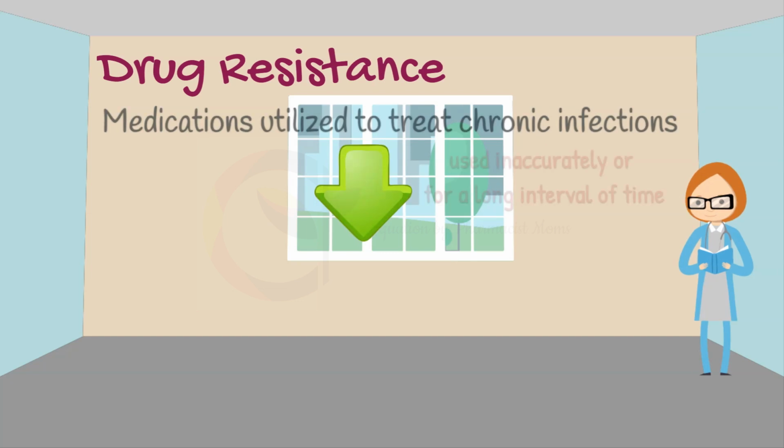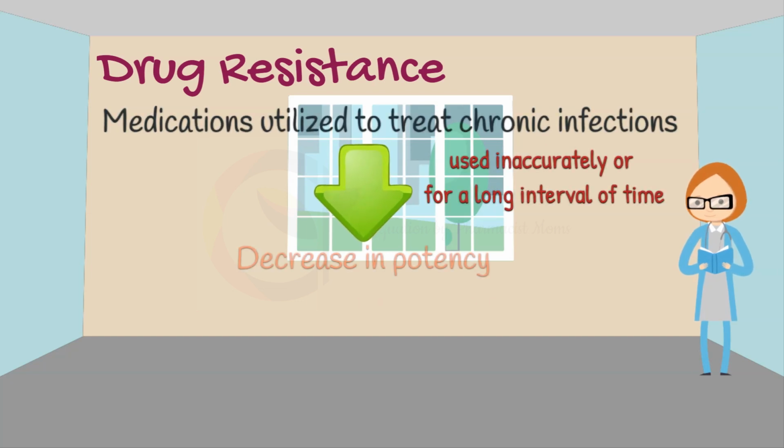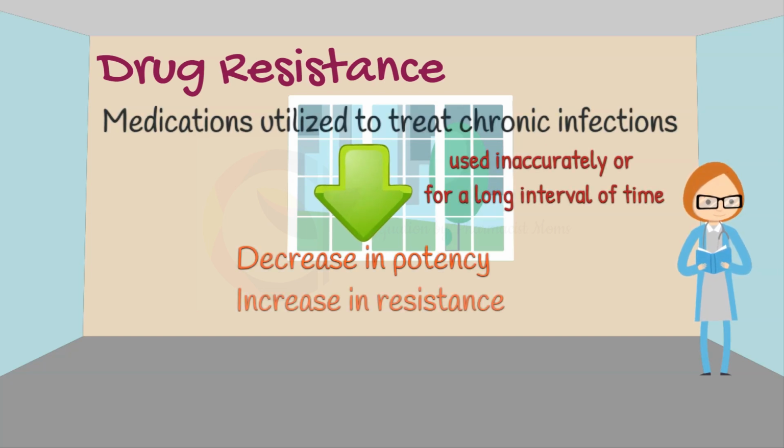Medications utilized to treat chronic infections do so in a certain manner. If used inaccurately, or for a long interval of time, a drug may lose its potency as the infection becomes resistant to its effects. If this happens, other drugs of the same class may also fail.